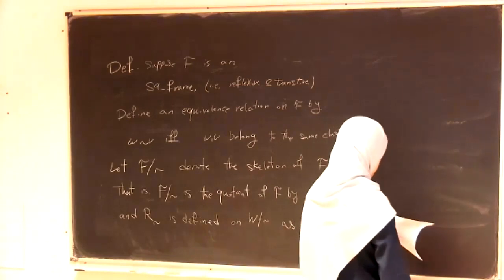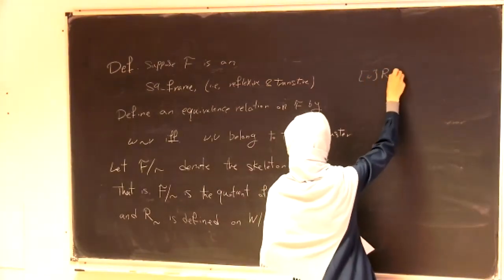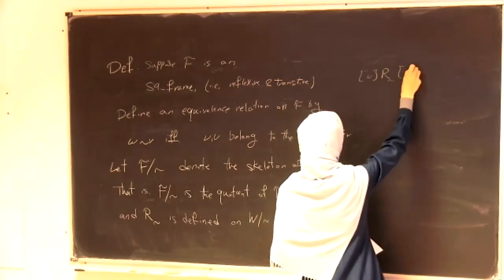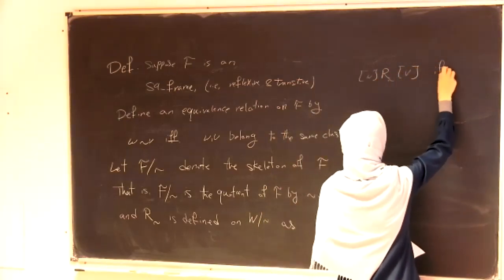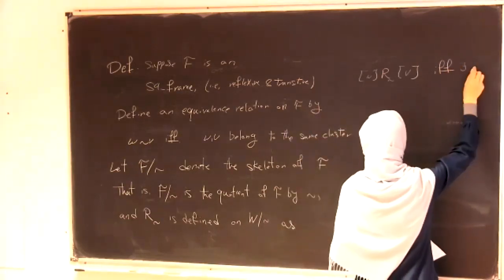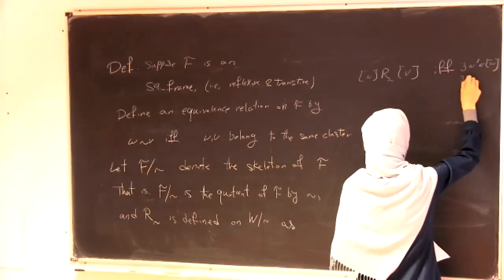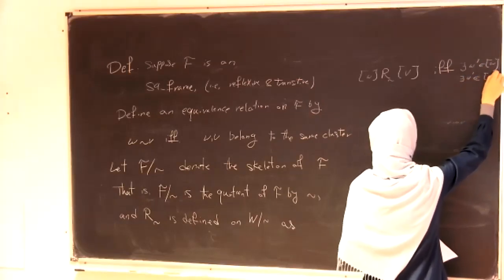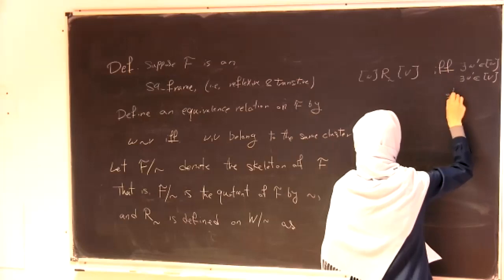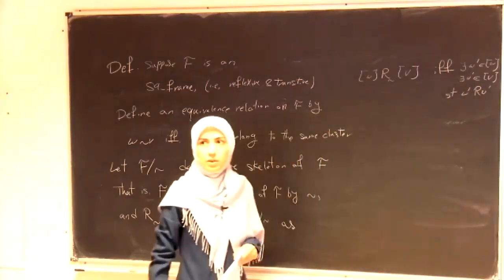We say that, for example, the class of w is related to the class of v if and only if there is some w' in the class of w, there exists some v' in the class of v such that w' is related to v'.